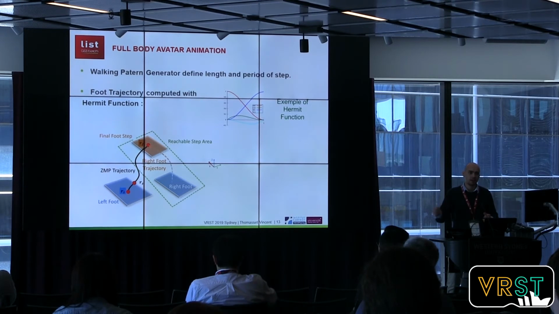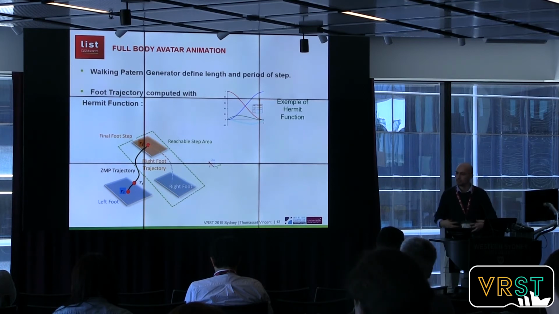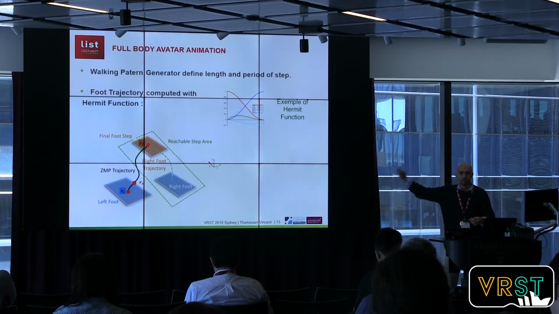It's a polynomial equation to go from the initial position and velocity to the final position and velocity we desire, and doing so only with the tracked motion information, the position and the velocity of the center of mass, we can compute the full foot trajectory to follow the user.